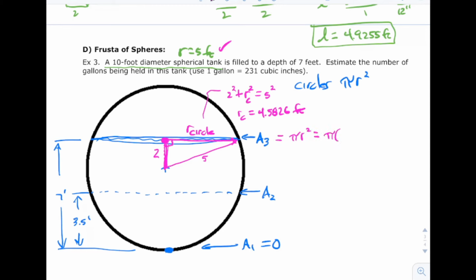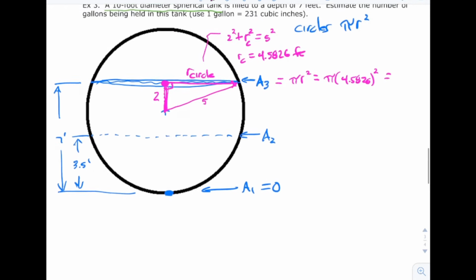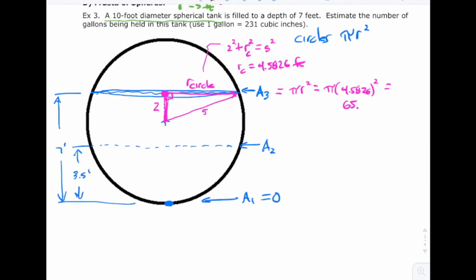Pi times 4.5826 squared equals, and I think I have to hit my buttons for this one. I square that, and then I multiply it by the pi button, and then, rounding to 5 sig figs, I get 65.974.